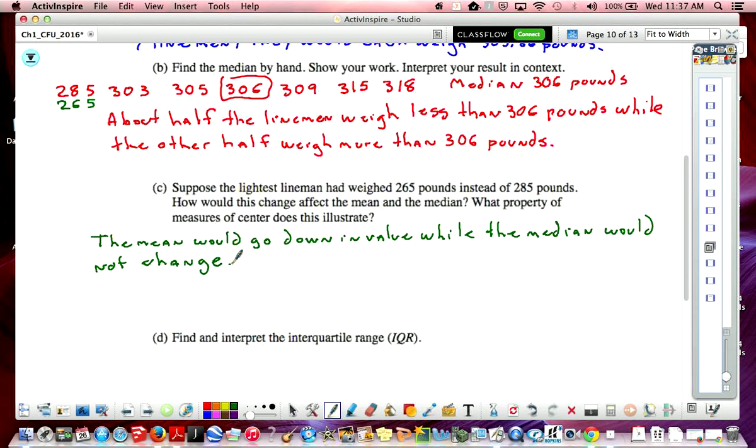What property does this measure? Well, this tells you which measurement is resistant to outliers.